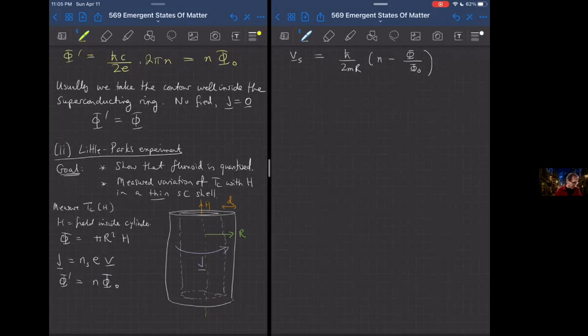So that just comes from the formula for the current that we wrote down before. So we've defined a velocity from the current and from the flux quantum.